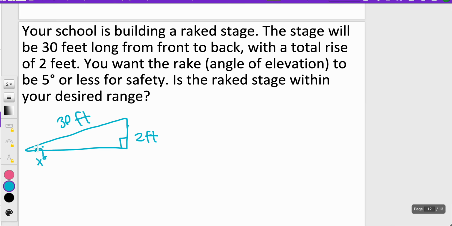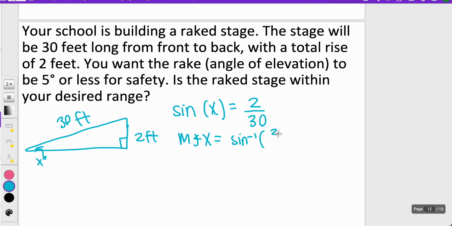Well, X's relation is opposite over hypotenuse. So that means I need to be finding the sine of X to see if it is equal to 2 over 30. Which means if I don't know the measure of angle X yet, I can do the inverse of sine of 2/30ths.